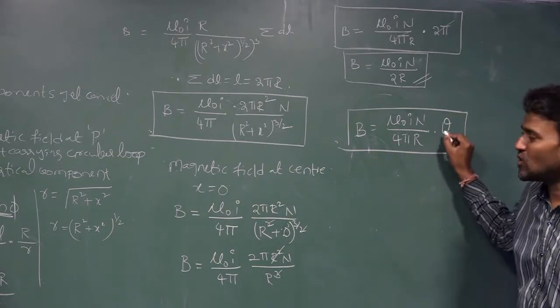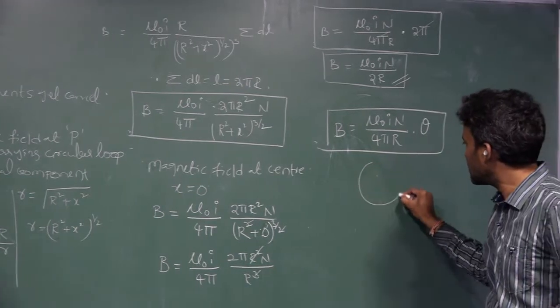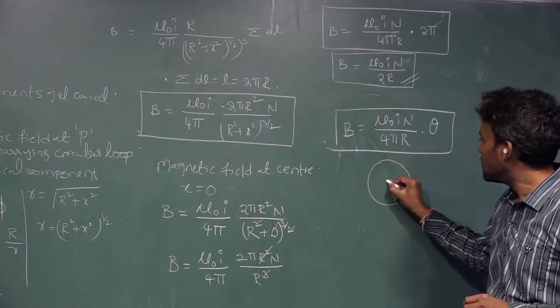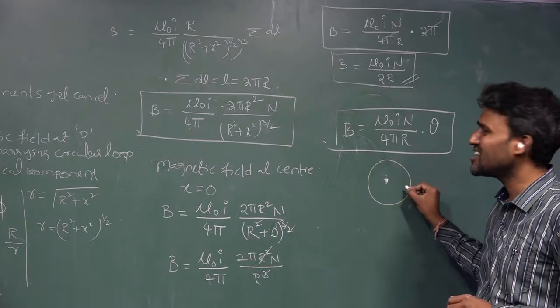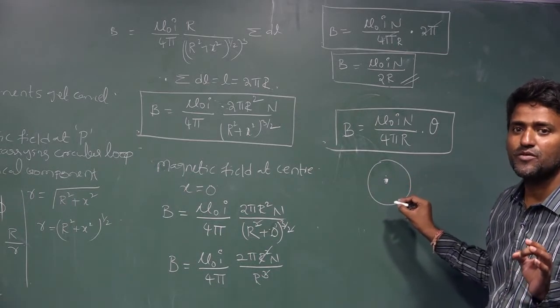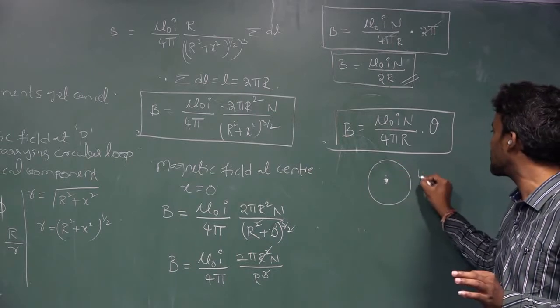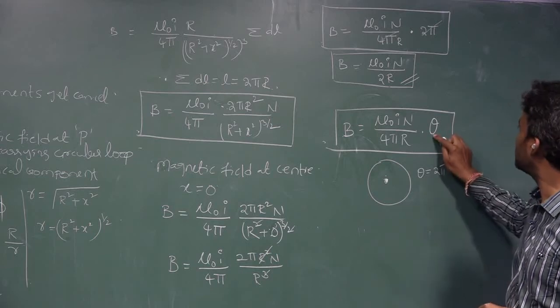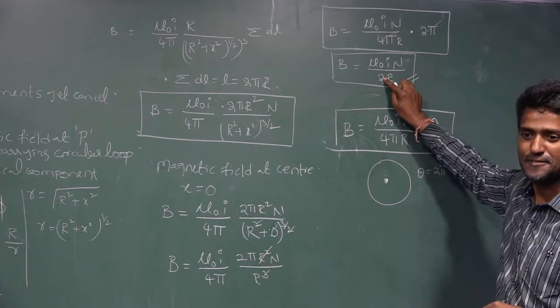Here theta is equal to, see here, if you take one complete circle, what is the angular displacement? Theta is equal to 2 pi. If you substitute 2 pi here, we can get the answer.